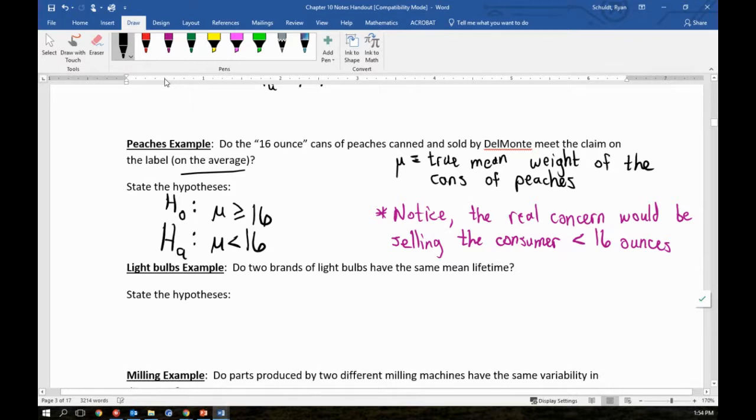Okay, on the next one, it says, do 2 brands of light bulbs have the same mean lifetime? State the hypotheses.